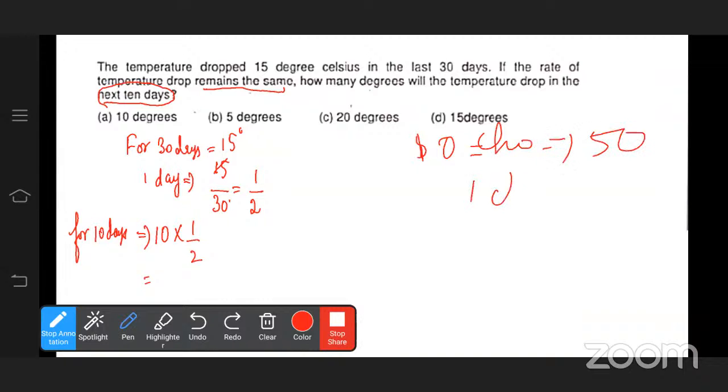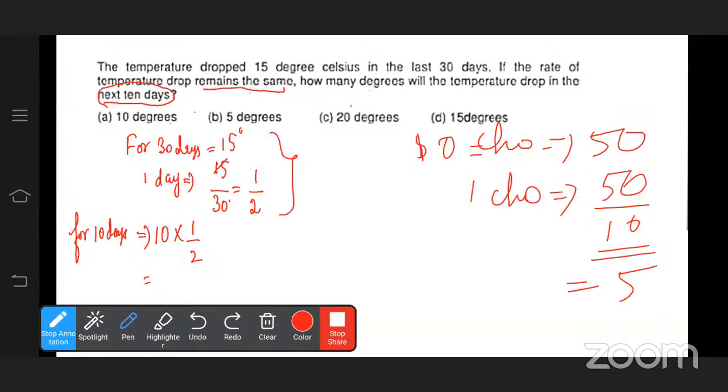What is the cost of 1 chocolate? 50 by 10, right? So you got 5. Like that, for 30 days, the temperature drop is 15 degrees Celsius. For 1 day, you have to divide these two numbers, right? Understand?